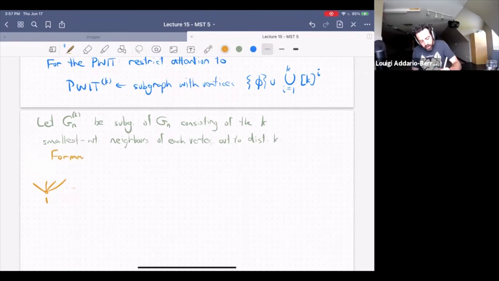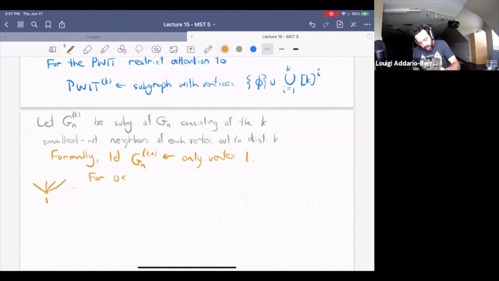Okay, so let me be more precise. Let's take G_n^{k,0} to be just the vertex 1.